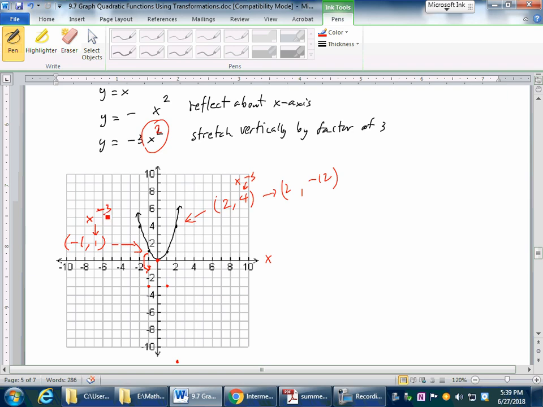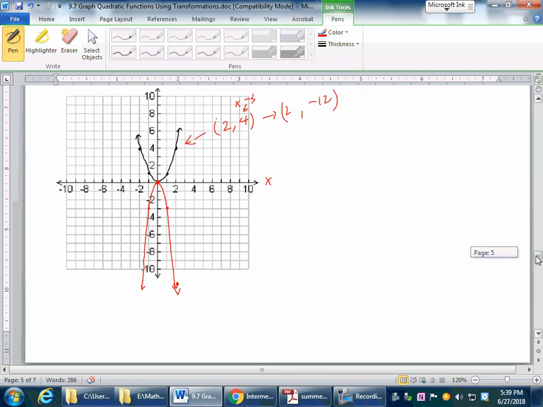So my new point is negative 1, negative 3, which is right there. So now you see how it's stretching and reflecting at the same time. With these points, we can graph it. Because of the stretching, my parabola will be narrower, and on this side it will be going down deep like this. And this will be my transformation for this graph.